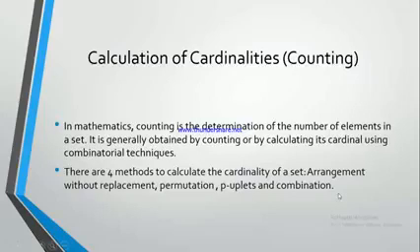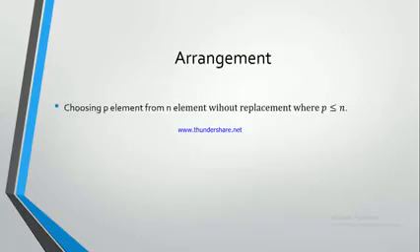We'll start with arrangement. So arrangement is how we choose p elements from n elements without replacement, where p should be less than or equal to n. The formula to calculate the arrangement is A(n,p), which is n factorial over (n minus p) factorial.